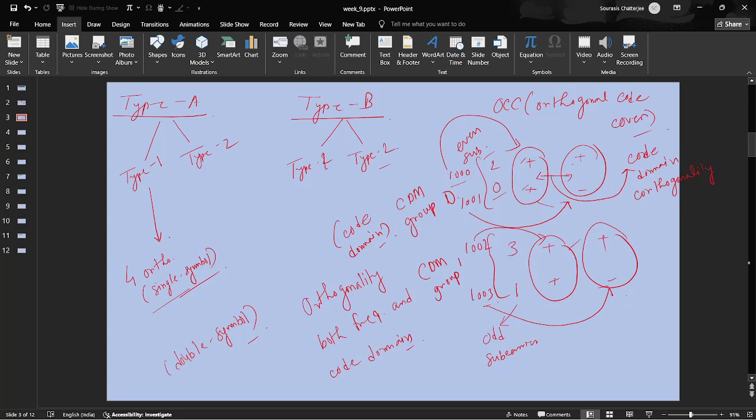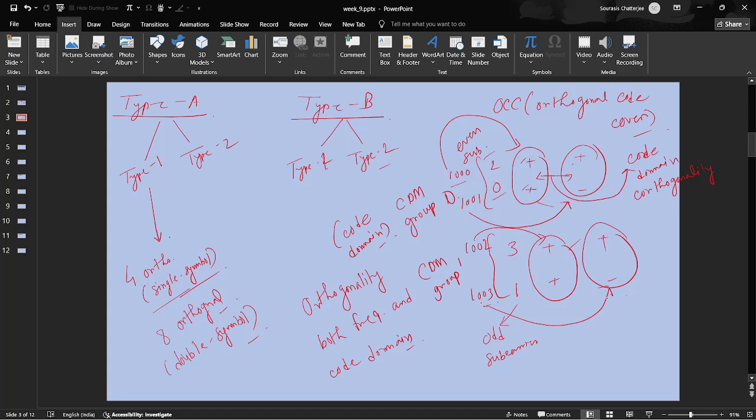For type 1 we have seen that for single symbol we have four orthogonal signals. Now if I am moving to double symbol, how many orthogonal signals can I have? 8. Okay, 8.